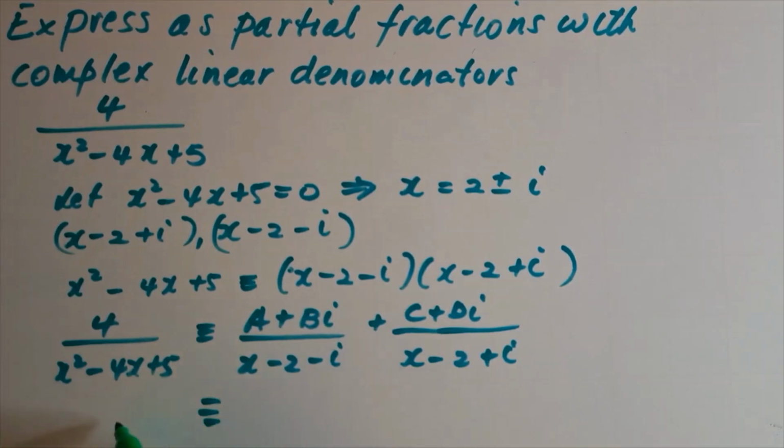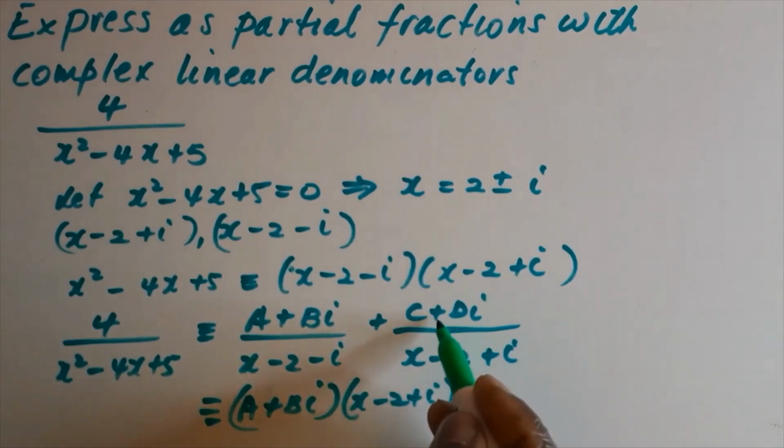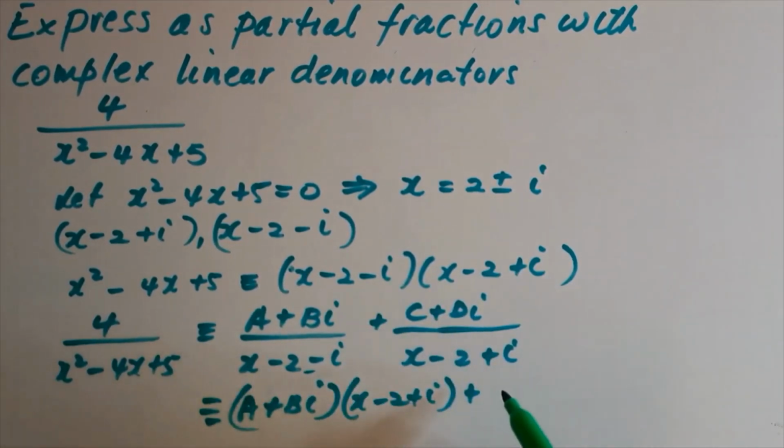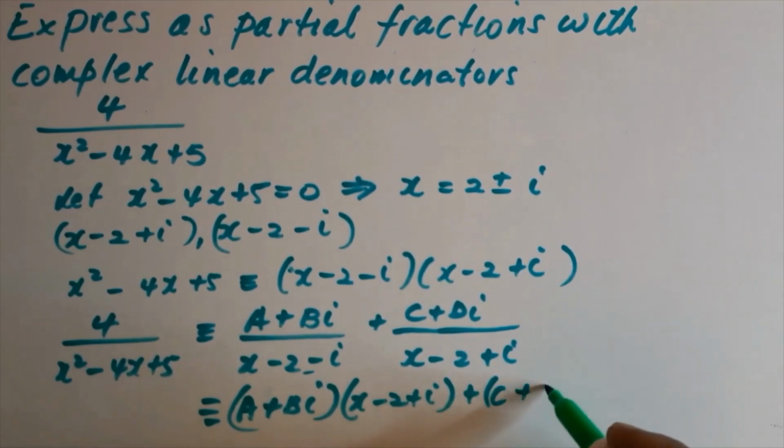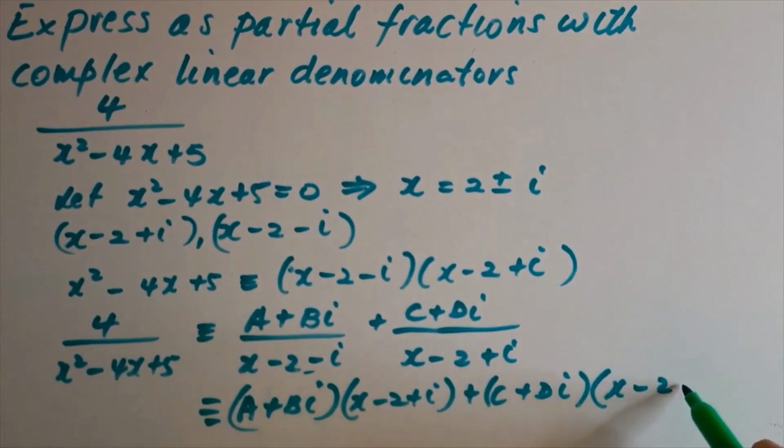Now we can write that 4, well, let's write this line first, let's not skip this step. (a + bi) times this, (x - 2 + i), added to (c + di) times that in this denominator, (c + di) brackets (x - 2 - i).